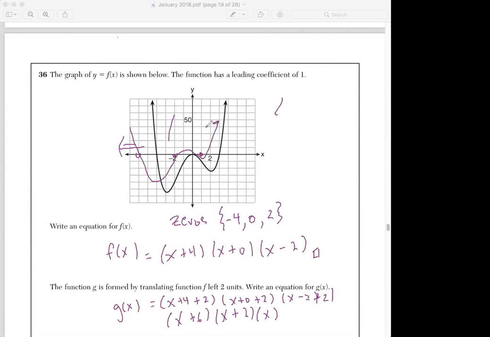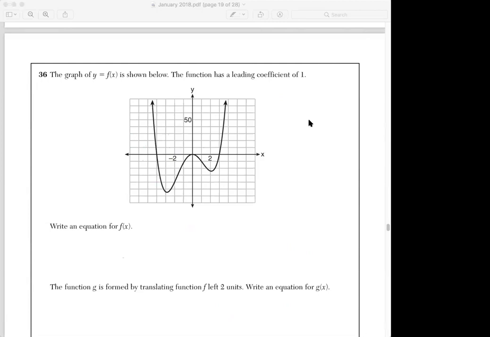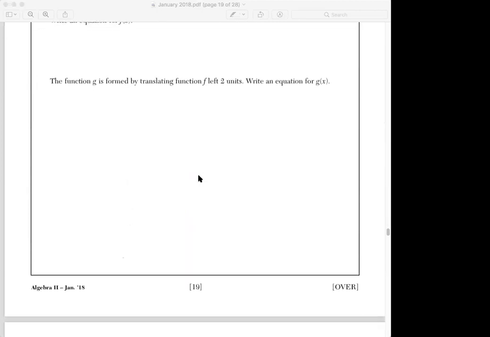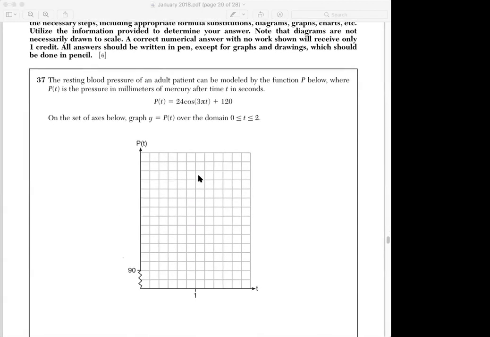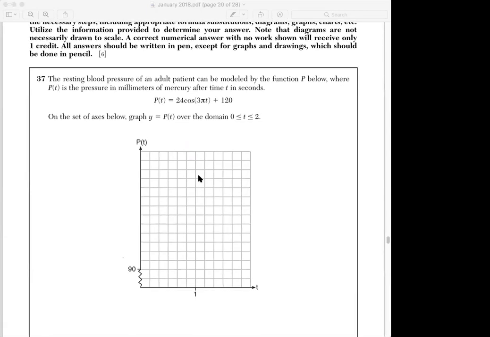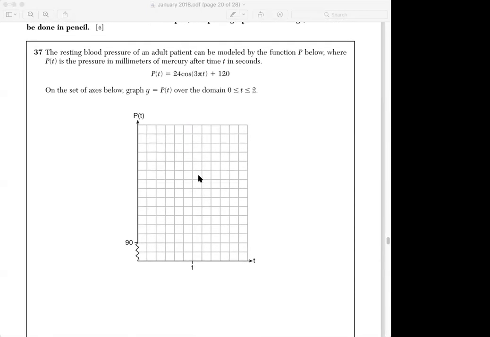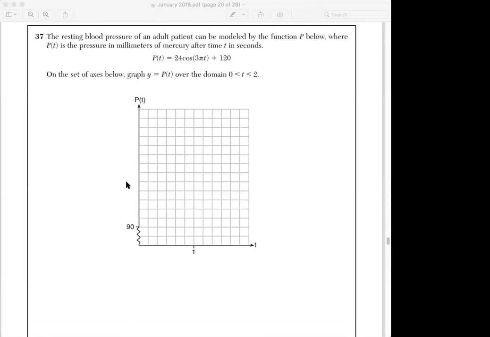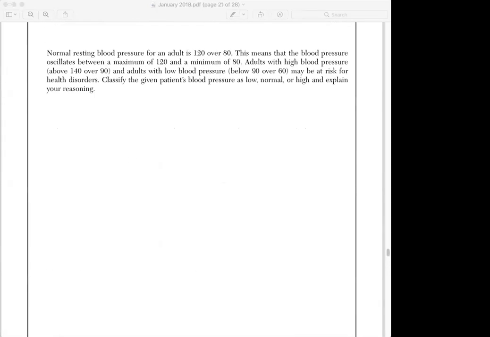All right, so this function is going to be shifted. You could use your calculator to graph this one, 37. The rest would be difficult.